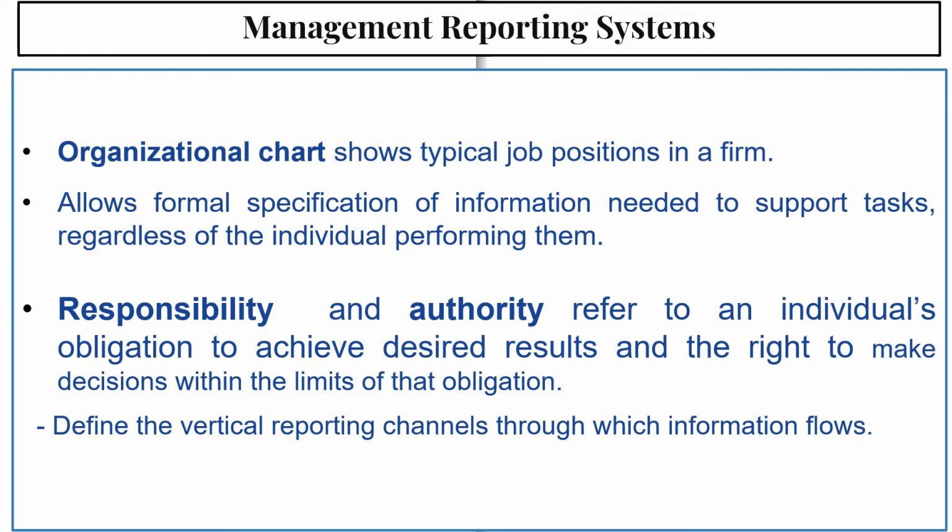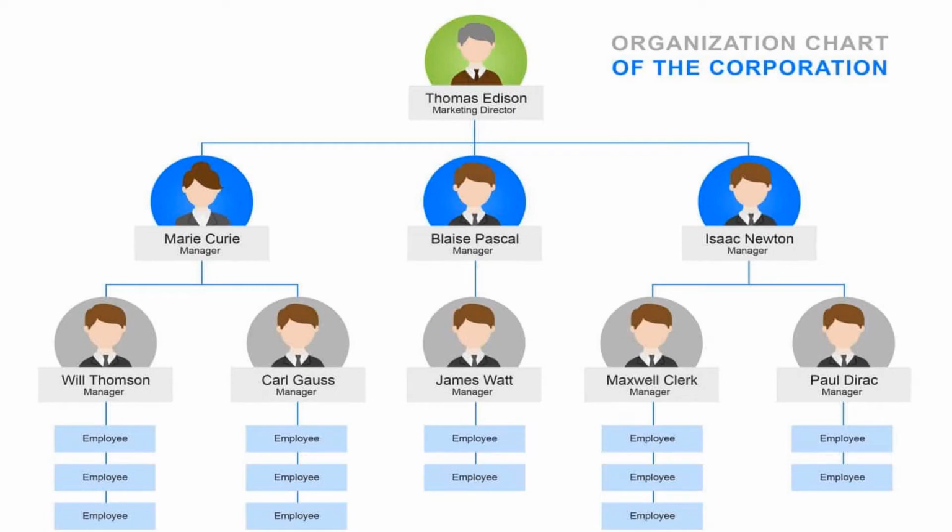Responsibility and authority refer to the individual's obligation to achieve desired results and the right to make decisions within the limit of the obligation. It defines the vertical reporting channels through which information flows. So here we can see an example of an organizational chart, and it shows who is the manager of each department, and also the followers or the employees at each organizational level.